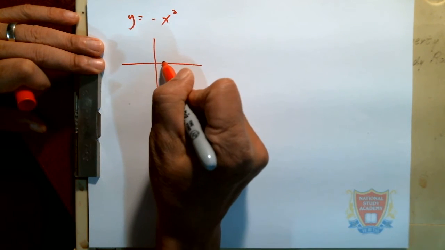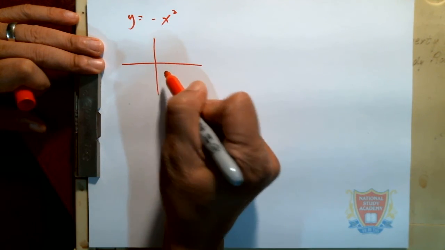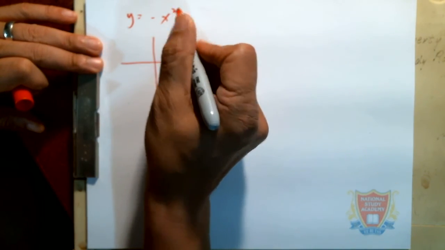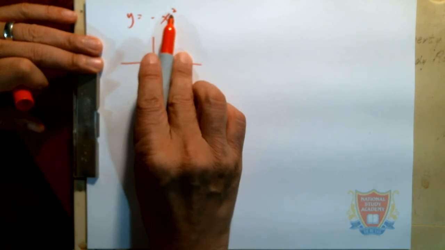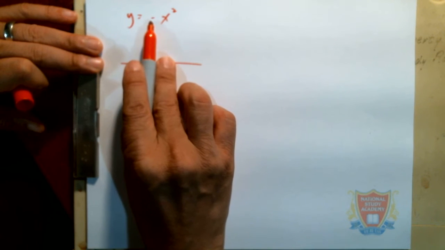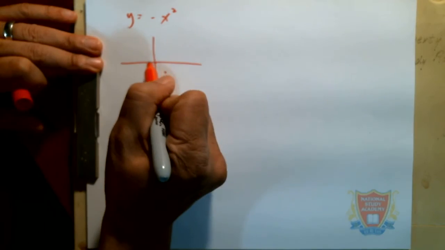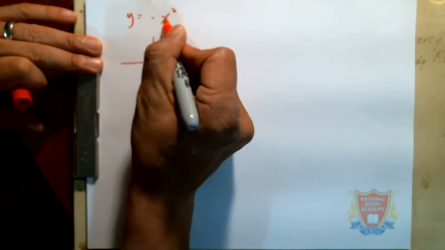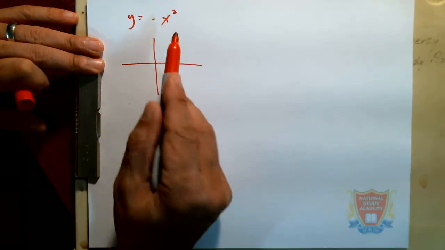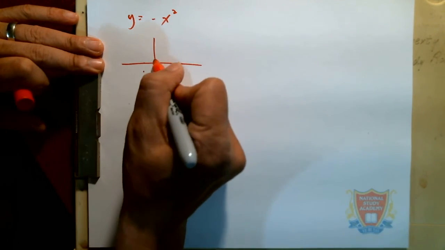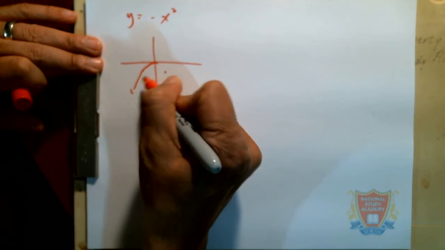So 1, negative 1 is in quadrant 4. By the way, when you plug in 0, 0 squared is 0, the negative of that is still 0, and so the y value is 0. How about if you plug in negative 1? Negative 1 squared is positive 1, and the negative of that is negative 1. Oh, it also looks like a parabola.